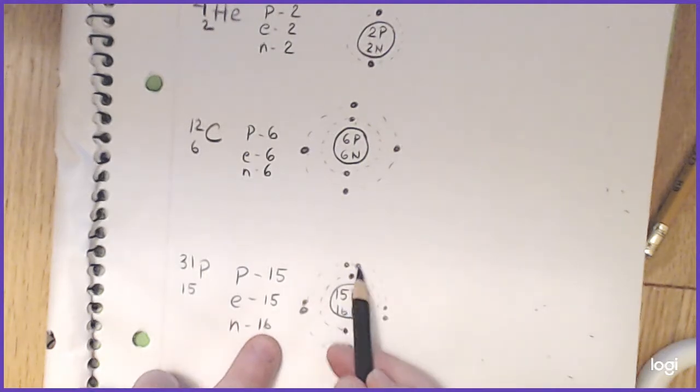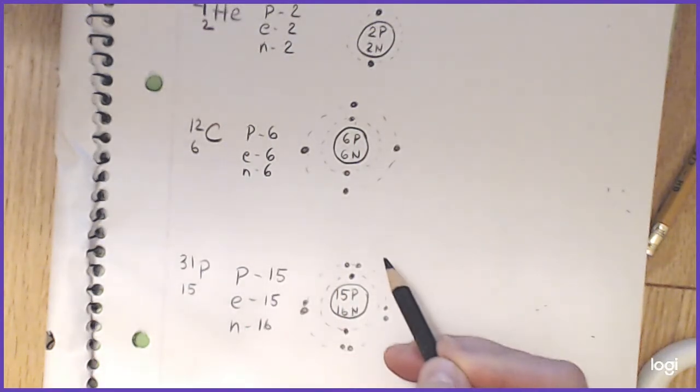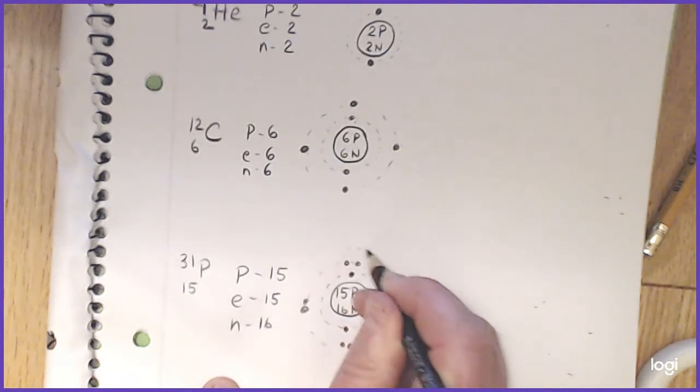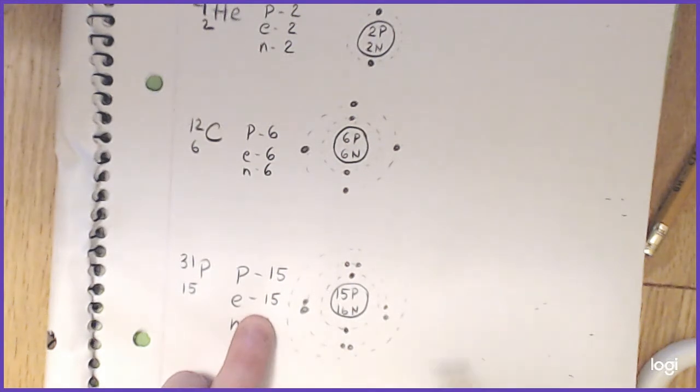Now, I know these are drawn side by side, but in real life, 1 electron is up here and 1 electron is down below the circle. So they're not beside each other. They just are drawn that way. So we've got to do 1 more energy level here. All right, so our third energy level, we have 5 more electrons to place.